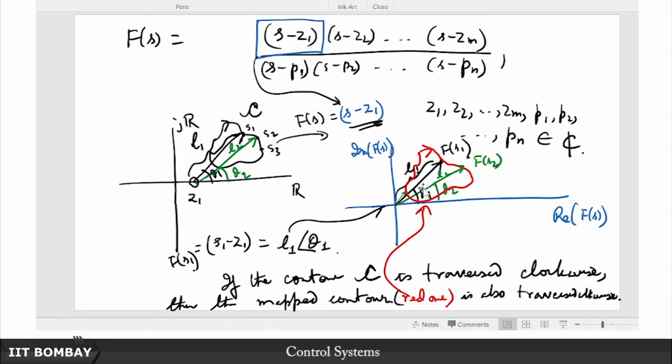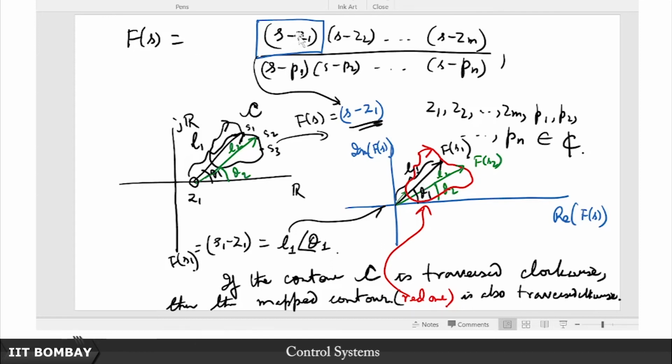So from a vantage point of Z1, which is outside this contour, you would only see a phasor rotating back and forth. If you start from the point S1 and end at the point S1, after such oscillations the net phase change of that phasor, which is L, is 0. That is the significant difference.